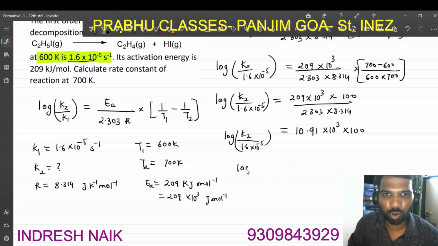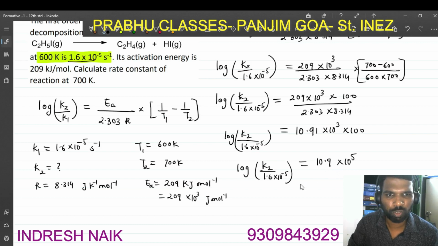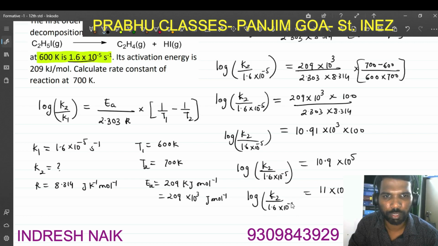So this is 10.9 into 10 raised to 5, approximately close to 11 into 10 raised to 5. So log of K2 upon 1.6 into 10 raised to minus 5, we'll have to take the antilog on both sides.